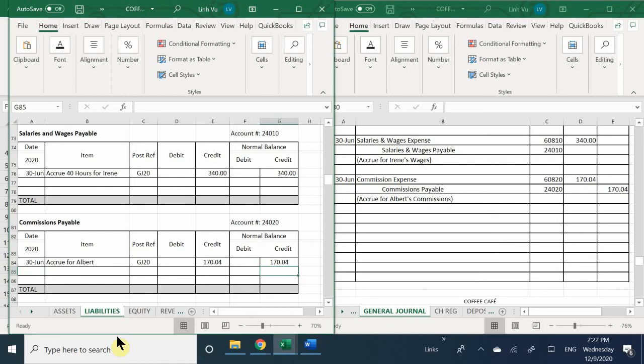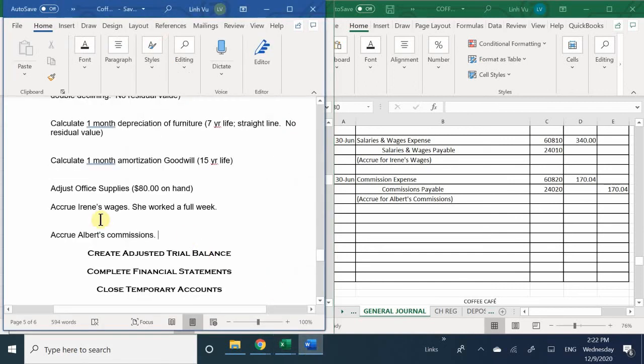All right. For 170.04. All right, and that is it.